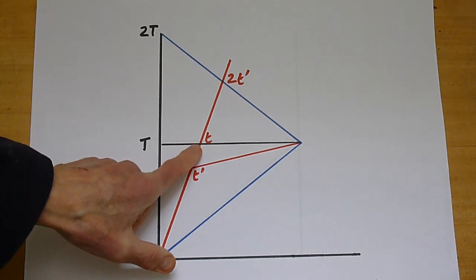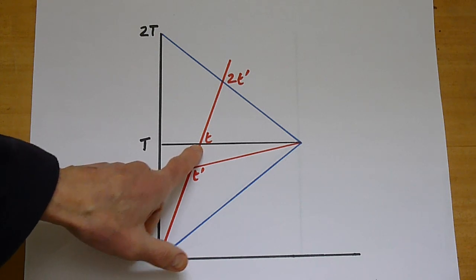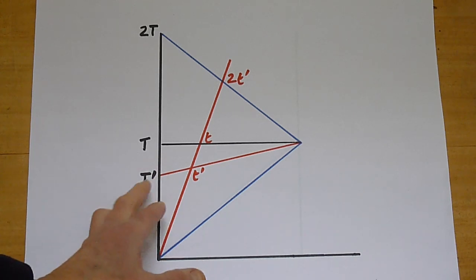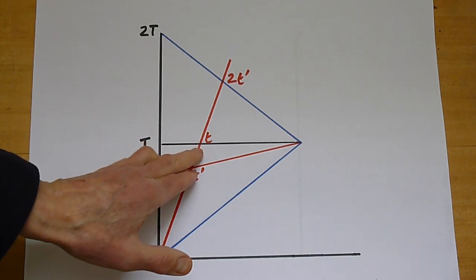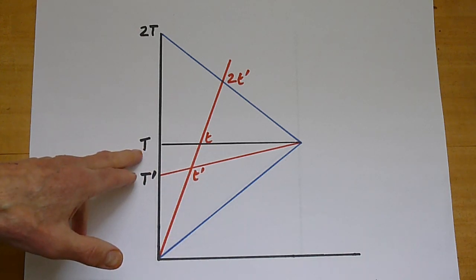So your clock has a reading on my line of simultaneity for the mirror strike, which we'll call little t. Okay, now by special relativity your clock is running more slowly, so little t is smaller than big T.